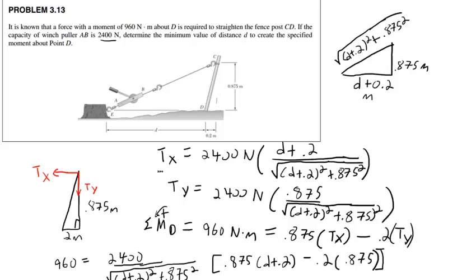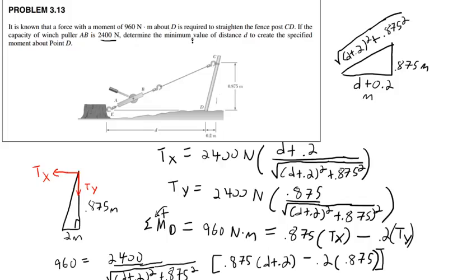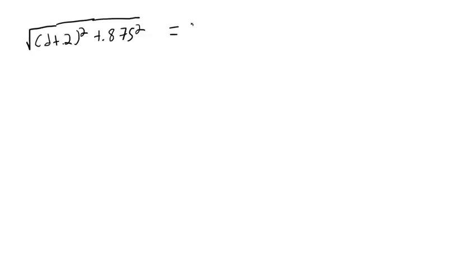So let's see. I'm going to bring this over here and the 960 as well. Or actually, 2400 over 960, 2.5. That'll look a little better. So I'm going to have square root of d plus 0.2 squared plus 0.875 squared equals 2.5.